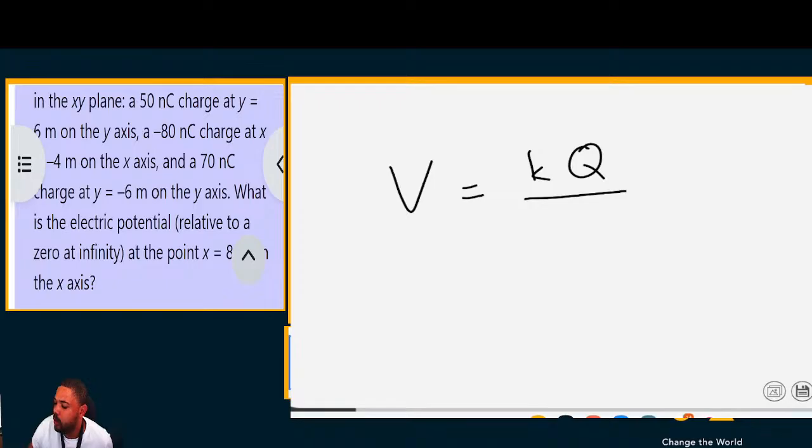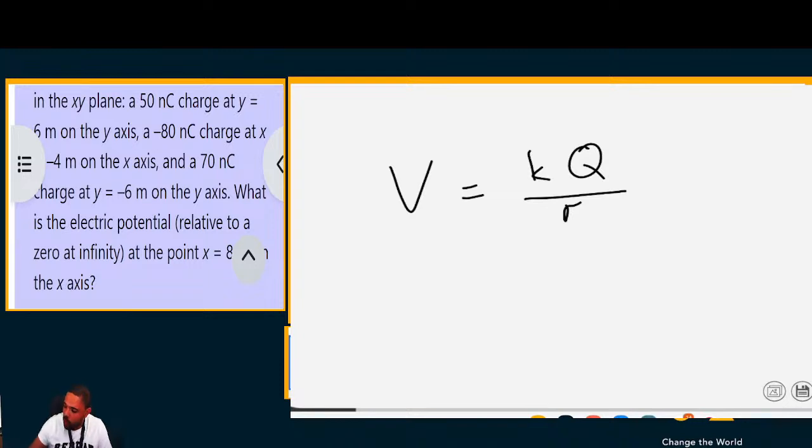So electric potential equals K multiplied by the charge in question, the charge on the particle, divided by the distance at which you want to calculate or experience the electric potential. And that's always relative to infinity, which is 0.